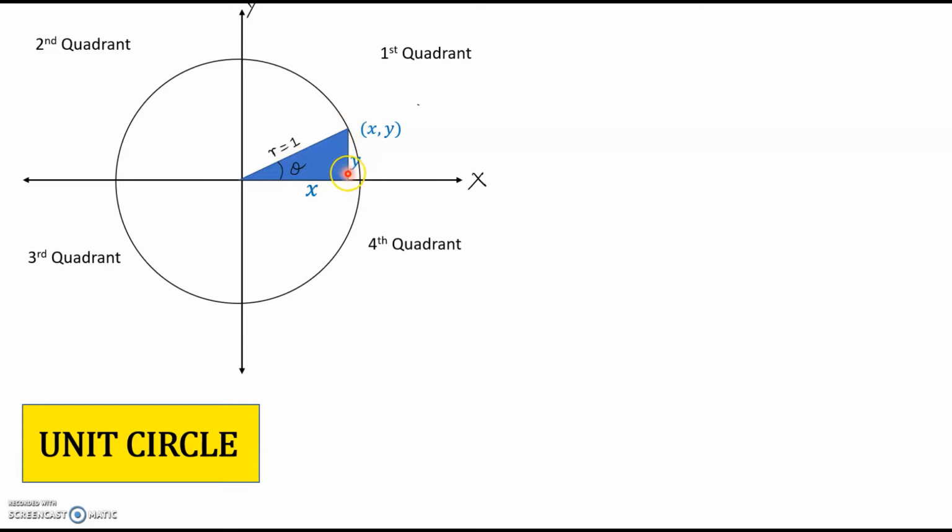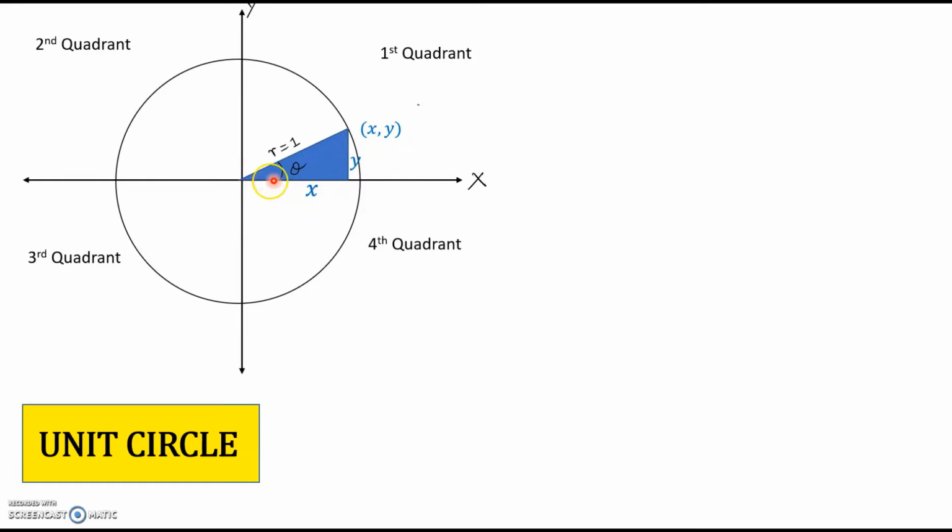In this right angled triangle, the length here is x, and this height here is equal to the height on the y-axis, so that is y. And this is the hypotenuse of the triangle, which we have estimated to be R equal to 1. So you can define this coordinate here as x comma y, which is a point on the circle.